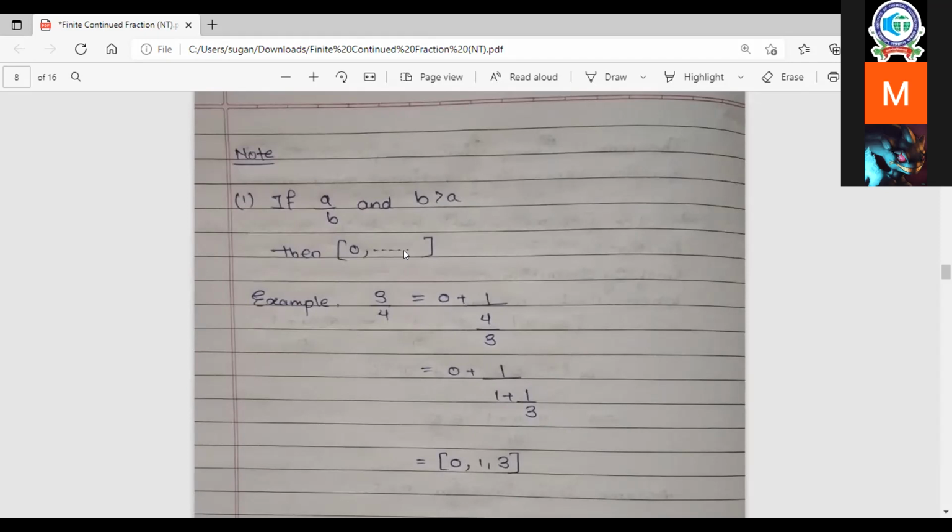There are numbers called algebraic numbers and transcendental numbers. What do you mean by an algebraic number? Algebraic means that it satisfies some polynomial.